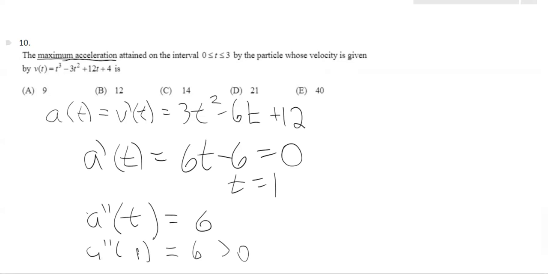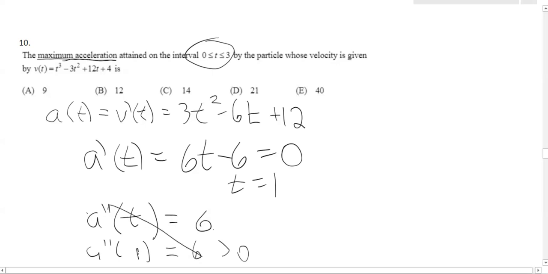So what are we going to do? Well, what we're going to do is remember that in this case, we have a closed interval, okay? So we have to use the candidates test. For the candidates test, the options available are the endpoints of the interval or the critical number.